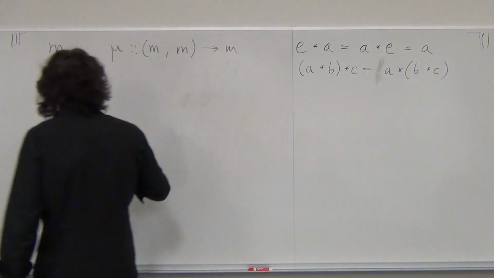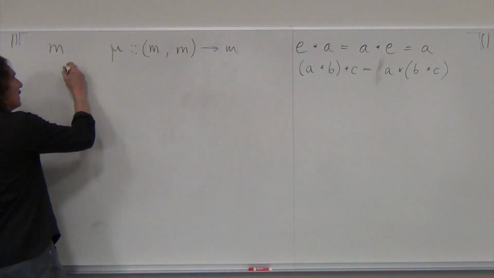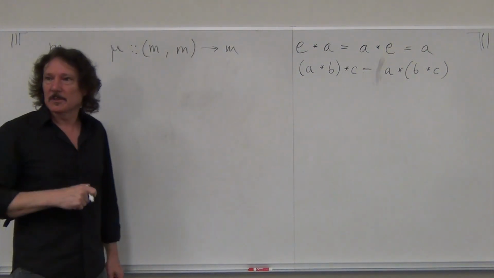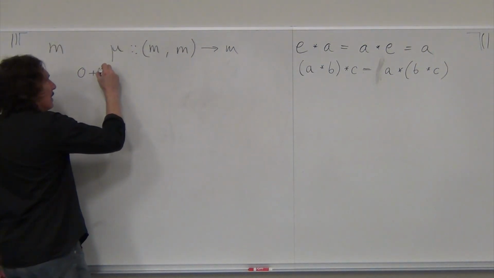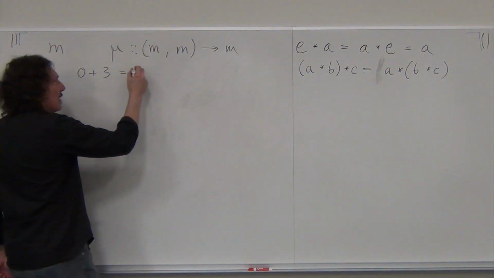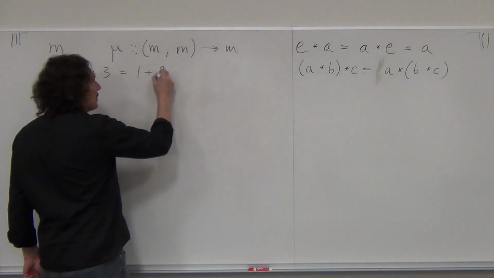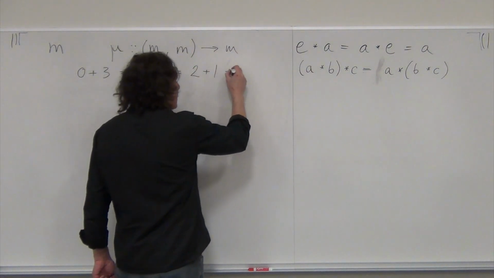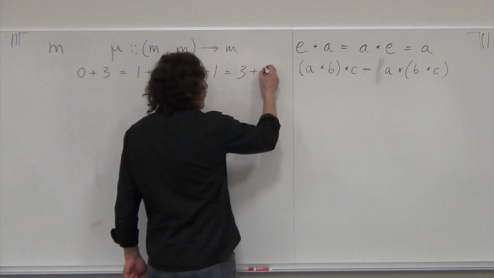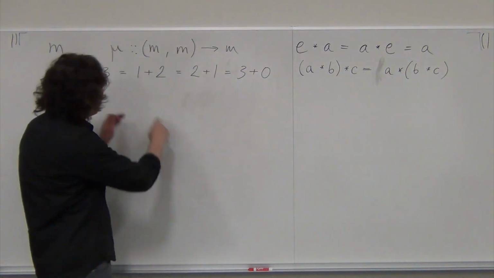So if you have, you know, addition, right? A monoid of natural numbers with addition. So you would have 0 plus 3. It's the same as 1 plus 2. And it's the same as 2 plus 1, and it's the same as 3 plus 0, right? So we have this identification.